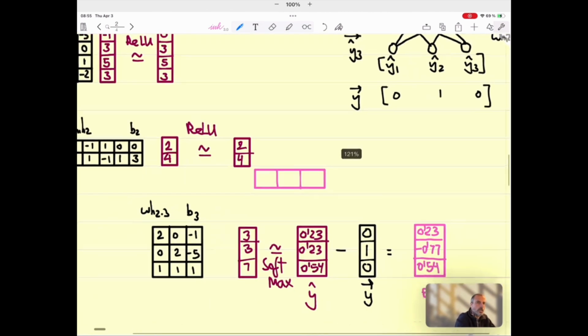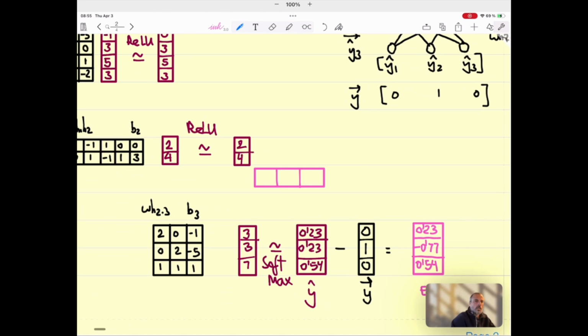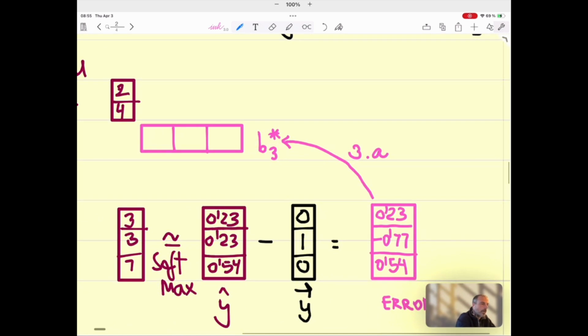So our new bias B3, let's say B3 star, if you wish, is going to be this error vector transposed. 3A. So I'll just copy it, okay? Just transposed: 0.23, minus 0.77, 0.54. Transpose, when we talk about vectors, it's just we rotate it, okay?